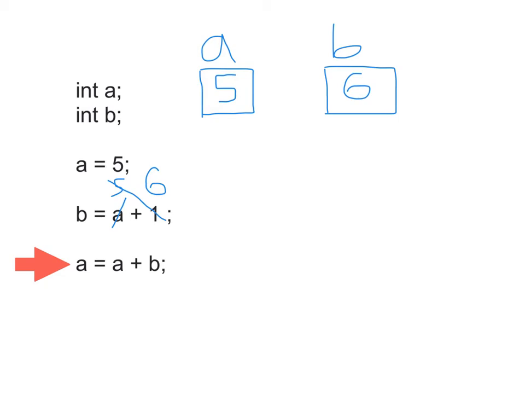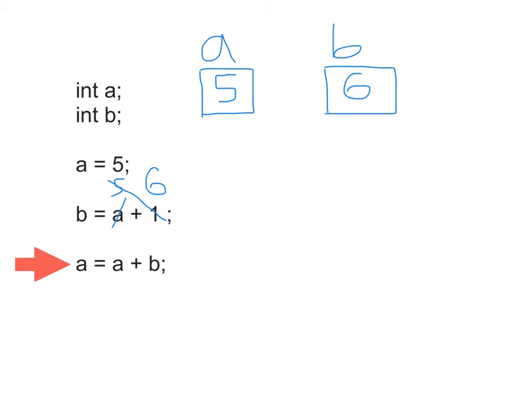So this statement says that a gets the existing value of a plus the existing value of b. So first we evaluate the expression on the right, a plus b. In other words, this. And so we see that the value of a is currently 5.